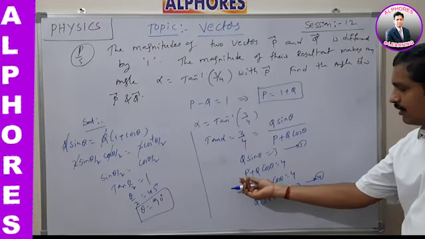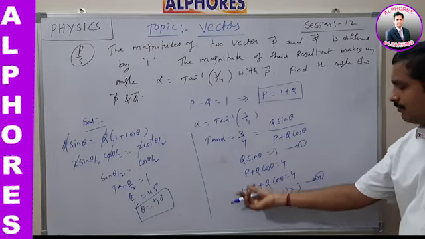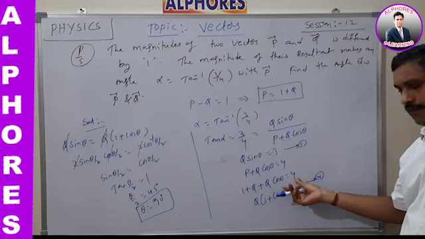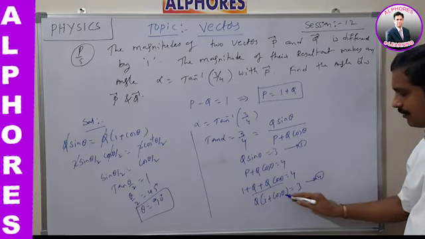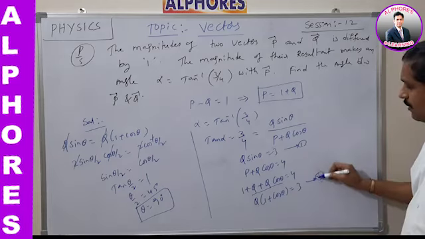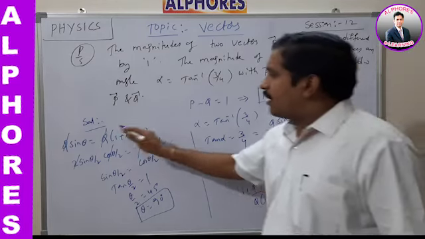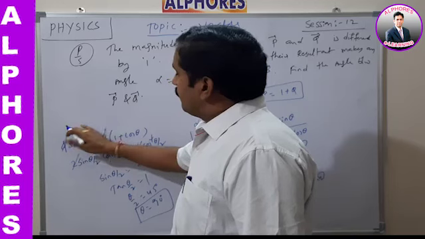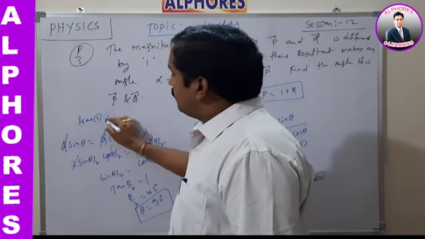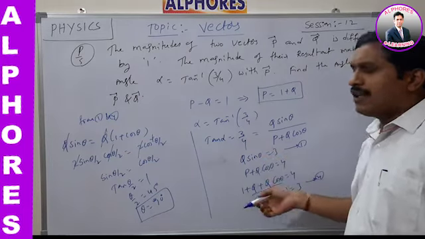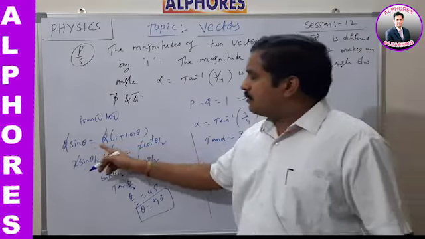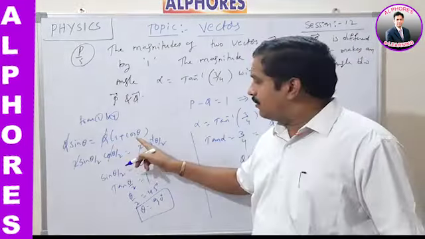Here I am substituting the value of P from the first condition, so 1 plus Q plus Q cos theta is equal to 4. After taking Q common from these two terms, Q into 1 plus cos theta is equal to 3. From 1 and 2, the RHS of the two equations is the same, so we equate the LHS. Q sin theta is equal to Q into 1 plus cos theta.